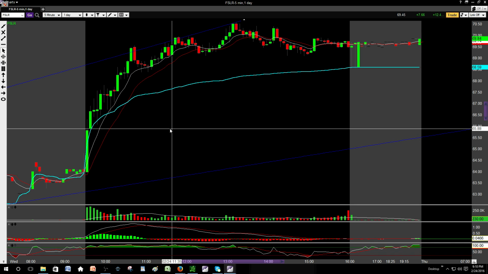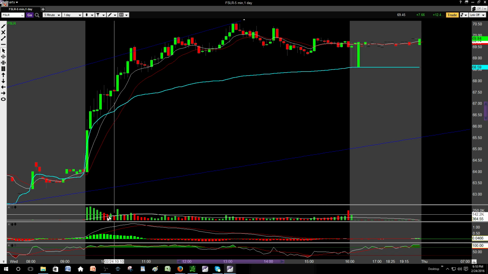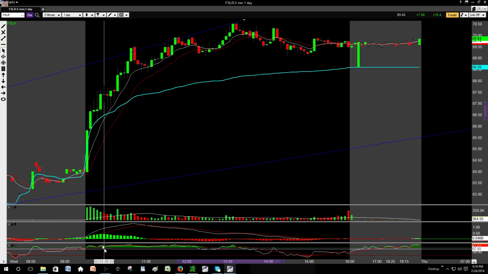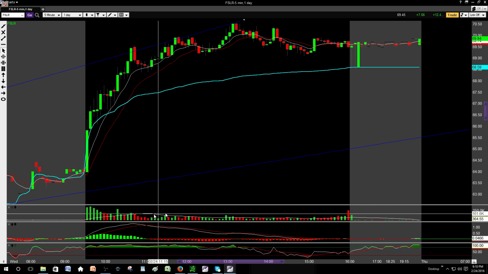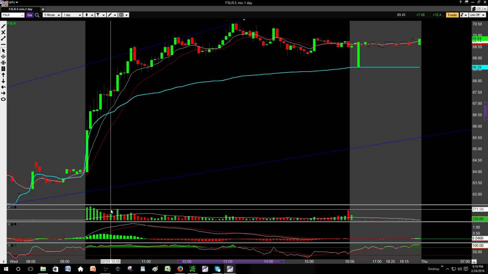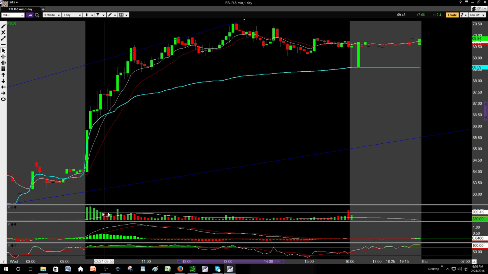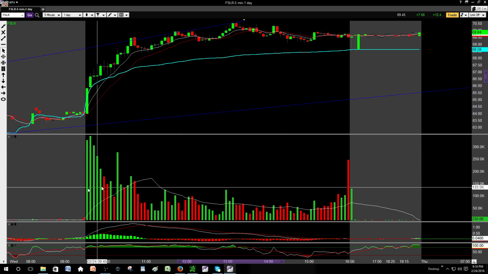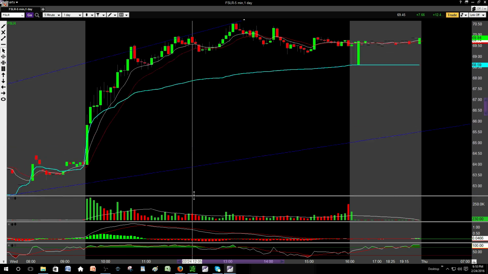And I do use indicators. I use the MACD and the stochastics, and everybody should have a volume bar up. I don't really think that's an indicator that really should be noted. Everybody should be using some sort of volume indicator, and that's my volume indicator there.